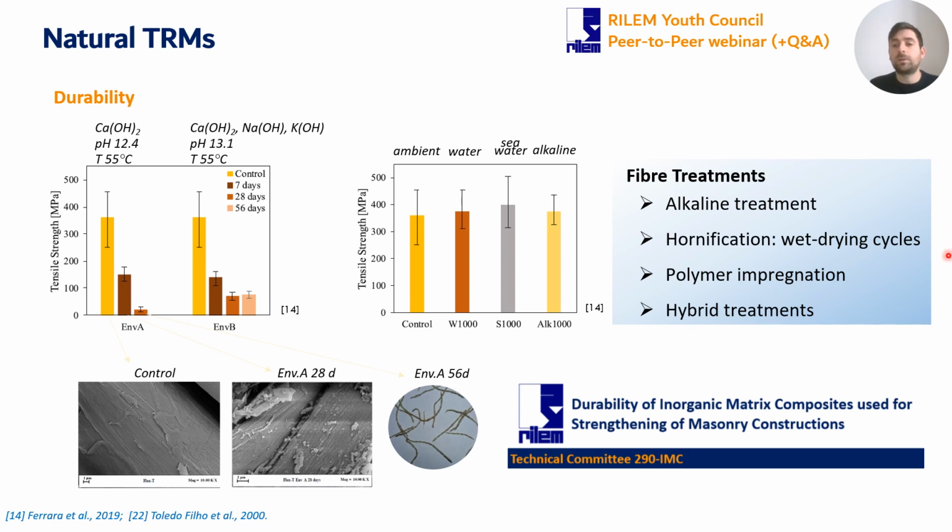Here I'm also reporting some fiber treatments that can be applied to increase the durability of plant fibers, such as alkaline treatment, hornification, mainly wet-drying cycles, polymer impregnation, or hybrid treatments that involve more of these types.